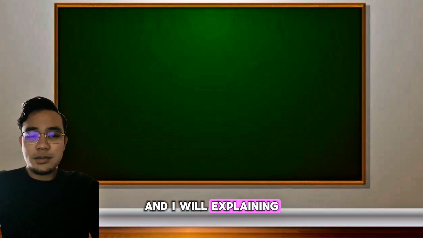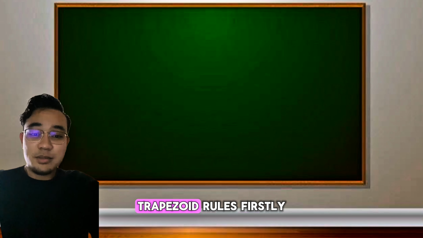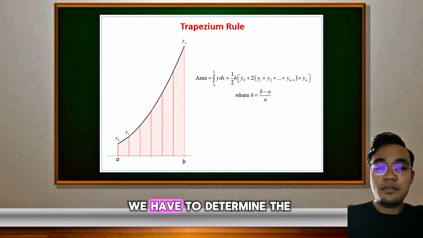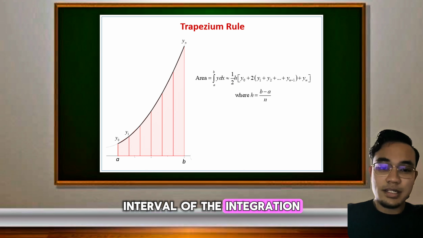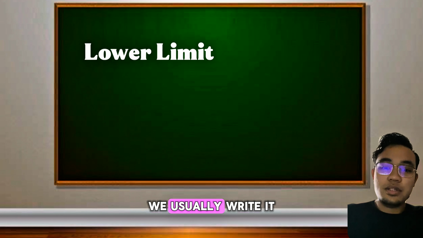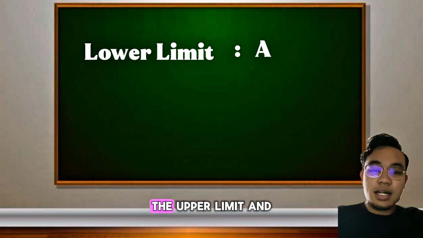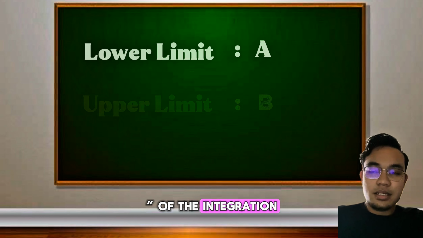And I will be explaining the formula of the trapezium rule. Firstly, we have to determine the interval of the integration, which is to identify the lower limit. We usually write it as A, and the upper limit we write as B of the integration.